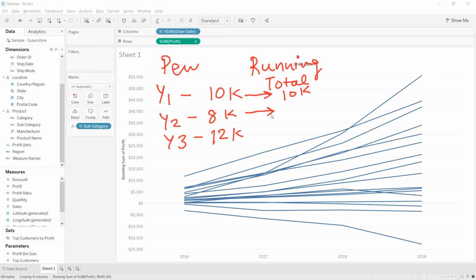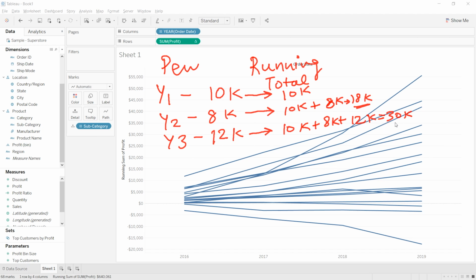Now, if I talk about the second year, it is 10,000 plus 8,000, which is 18,000, obviously. So this is my second year running total, or cumulative total, you can say. Now for the third year, it is 10k plus 8k plus 12k. So it makes 30k.